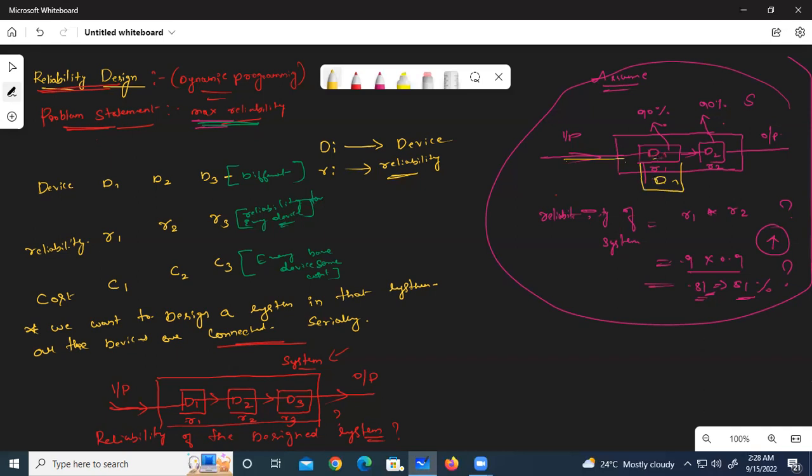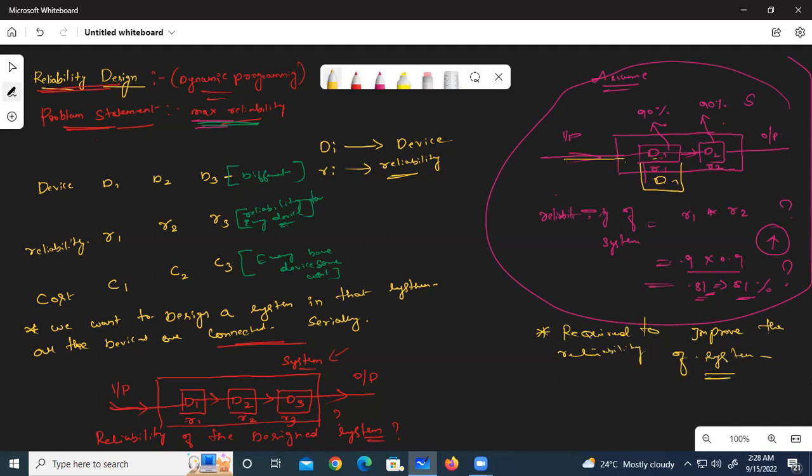So there are some statements I am going to write here. What is that statement? It is required to improve the reliability of the system.